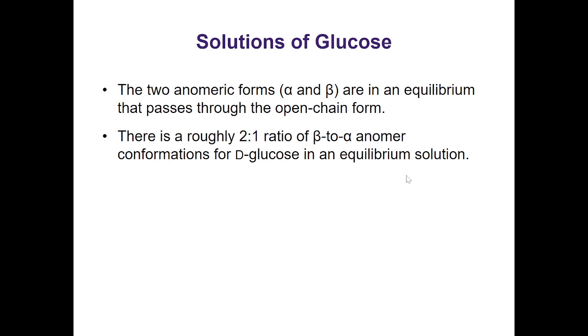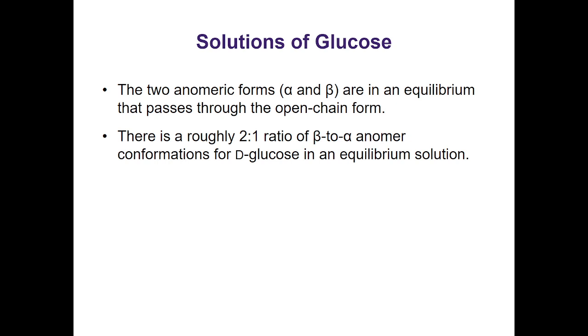It's really fascinating. In solutions of glucose, there are two anomeric forms, the alpha and beta. These are going to be in equilibrium, passing through the open chain form. So you'll have a constant equilibrium between the alpha and beta, where in solution they open up spontaneously, and then they fold to one of the two, spontaneously, okay? And you'll keep getting that exchange.